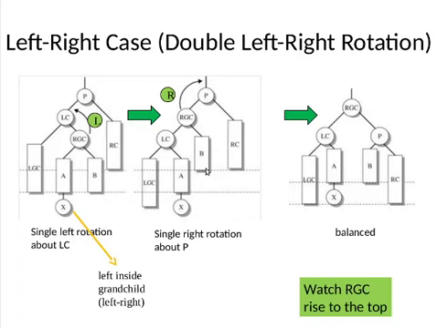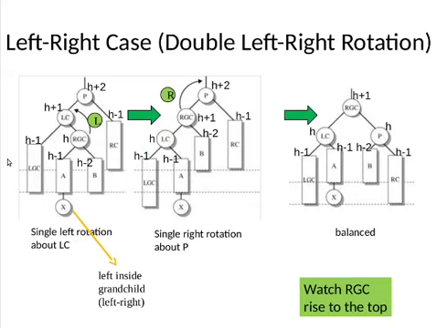Now we need to take care of the right child of RGC, that is the subtree B. As per the BST property, the values of nodes in subtree B are greater than RGC and less than P. So they can be attached on the left of P without violating the binary search tree property. The resultant tree is mentioned on the right in the slide.